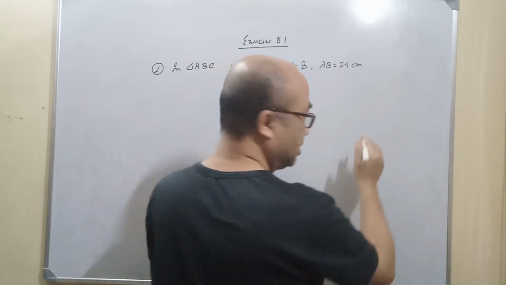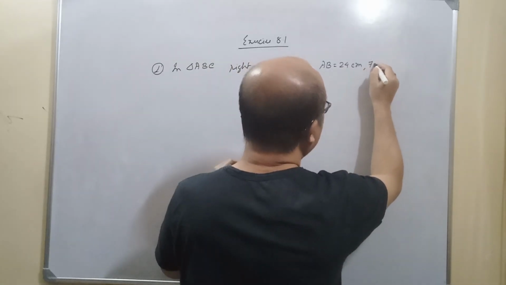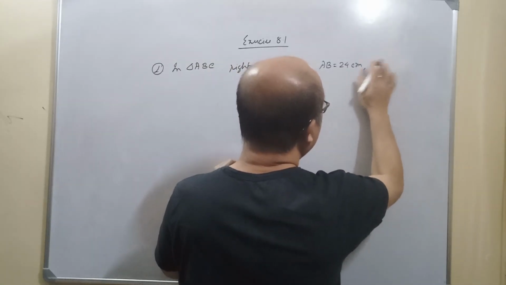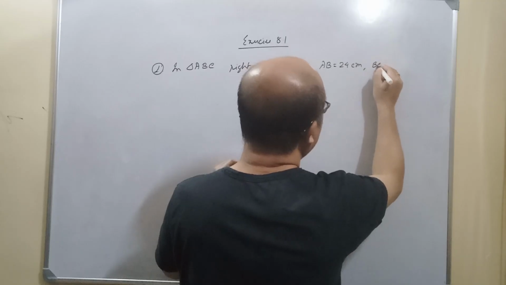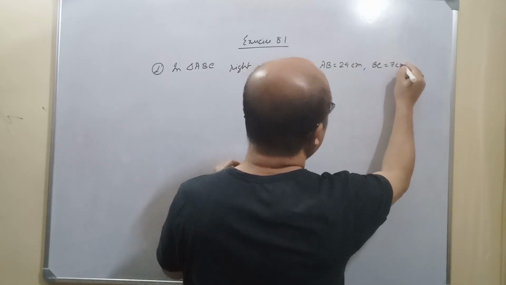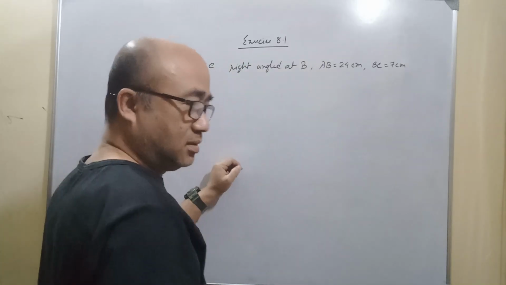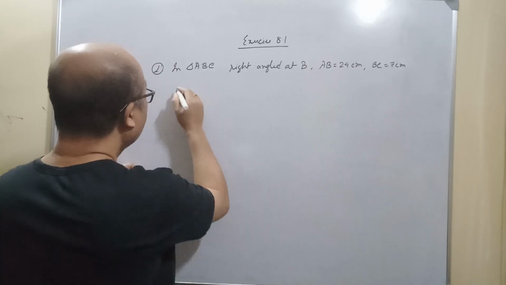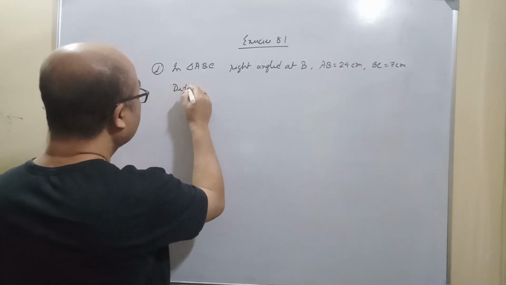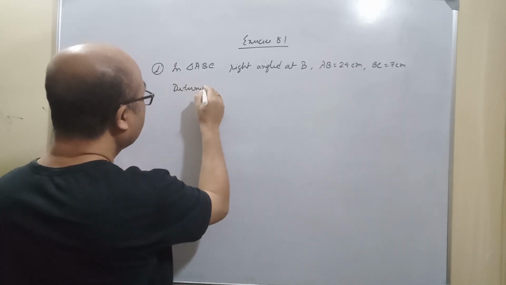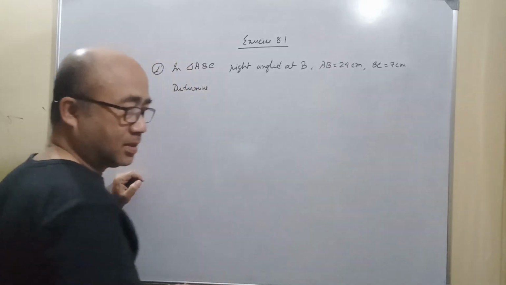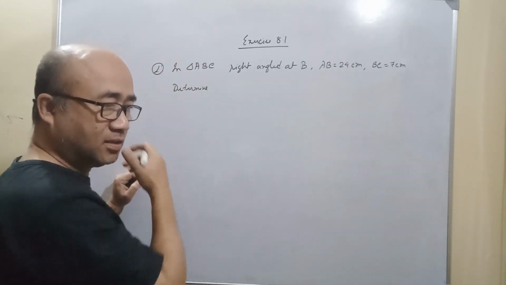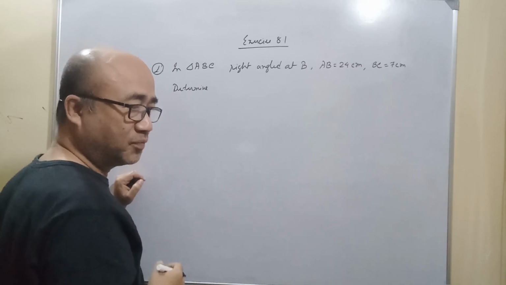BC is 7 cm. Determine sin A, cos A and sin C, cos C.